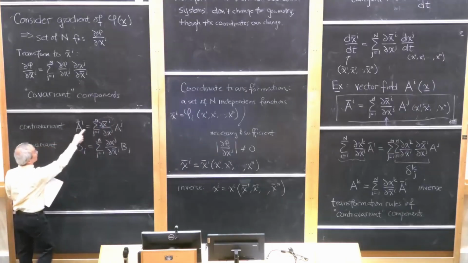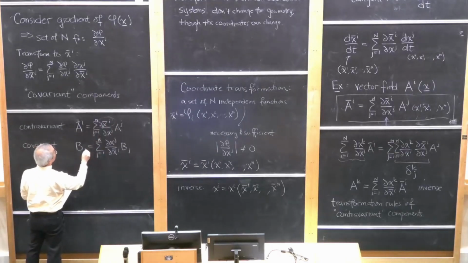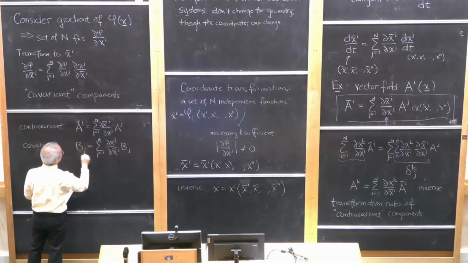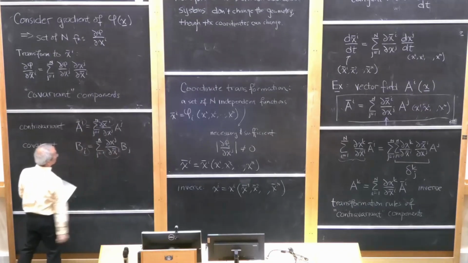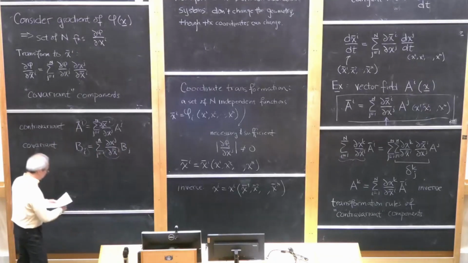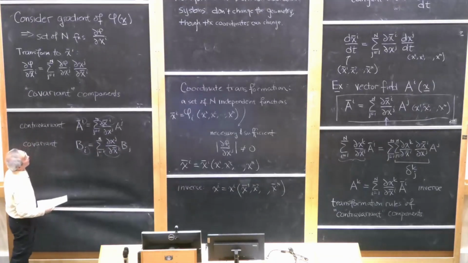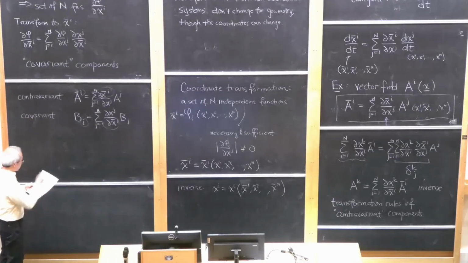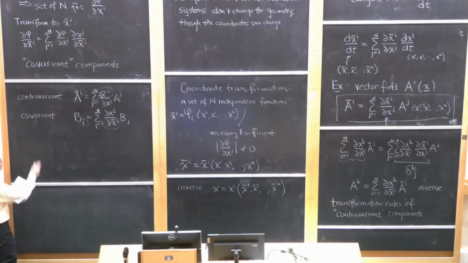If it's an upper index, you write x bar up on top, and if it's a lower index, you put x bar down in the bottom. Just in case that helps for recollection. These are the transformation rules for the vectors.